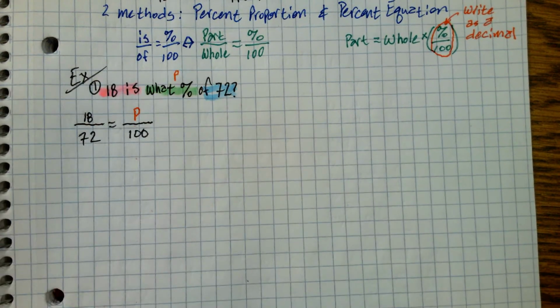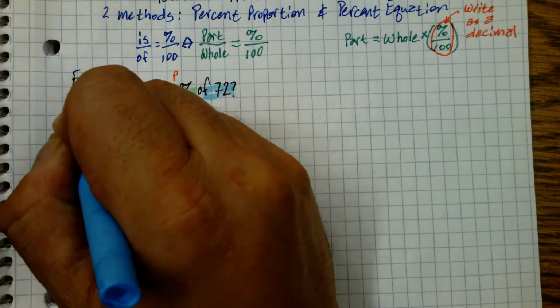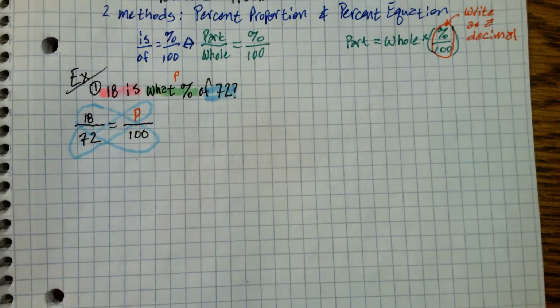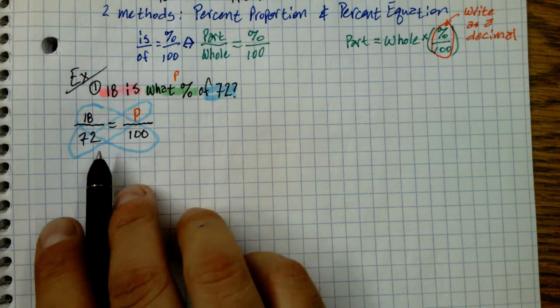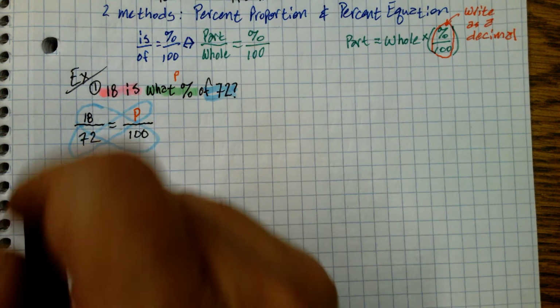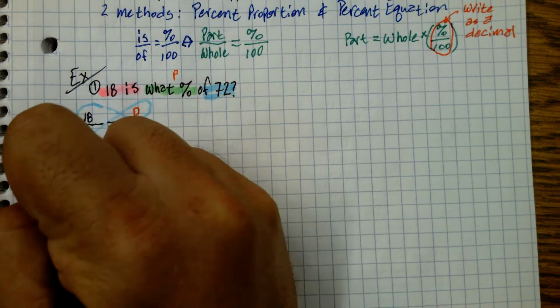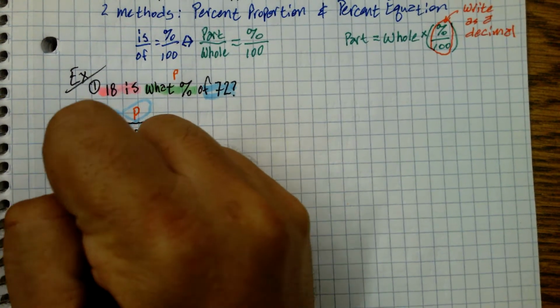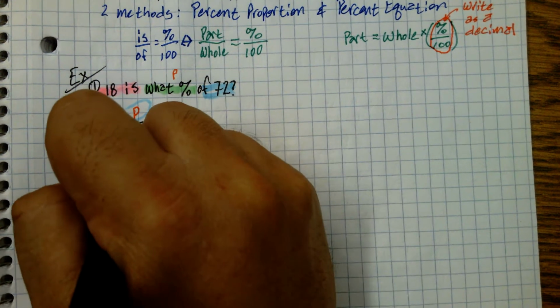And remember, with proportions we do the cross multiplying. So I'm going to do 72p first. I'm going to multiply these: 72 times p equals 18 times 100, which is 1,800.